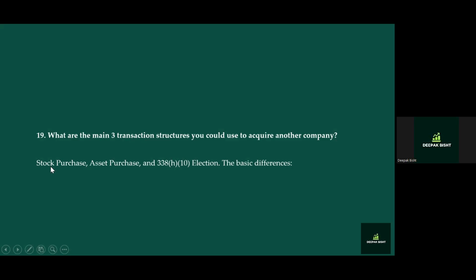So if you are taking stock purchases, asset purchases, or 338(h)(10), the difference is in tax and accounting. Let's start with stock purchases.